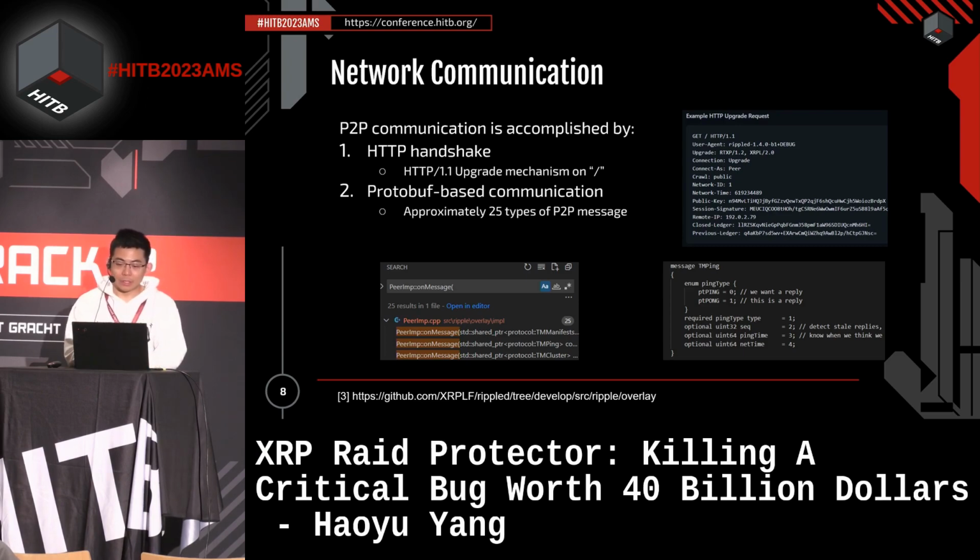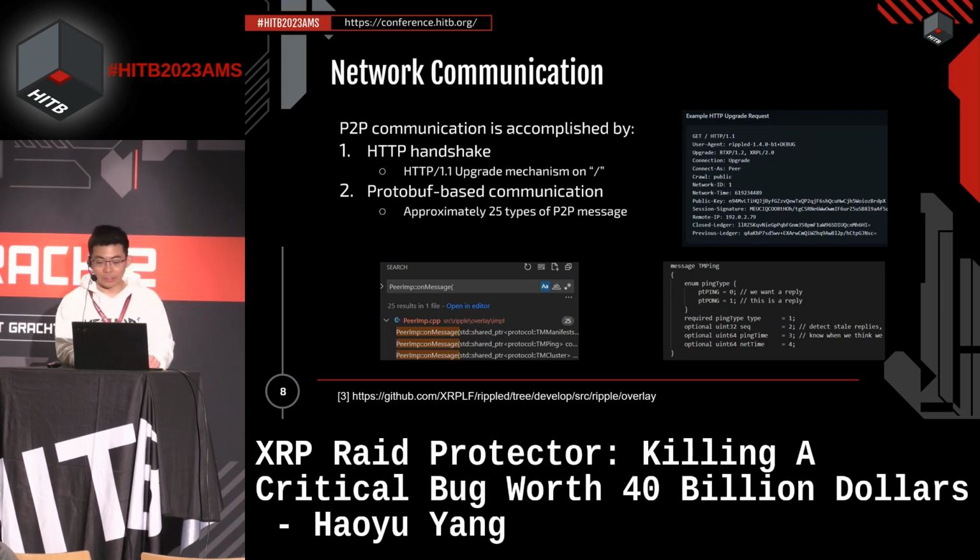The node P2P communication is accomplished first by an HTTP handshake to exchange the basic information, including a TLS key used to encrypt the following messages, then a protobuf-based P2P communication is set up to exchange all information about the chain, like transactions, validations, blocks, peers, and so on.